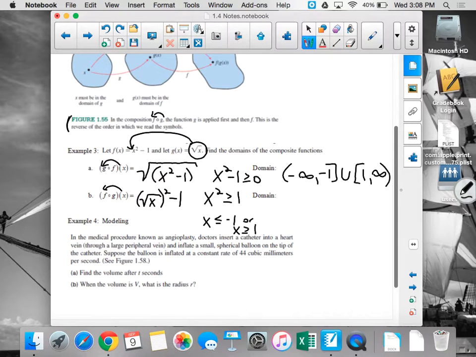Really, for simplifying, you can say that it's x minus 1, because of course we know square and square root undo each other. But remember that while y equals x minus 1 is a line with no restrictions, the original functions did have a restriction.